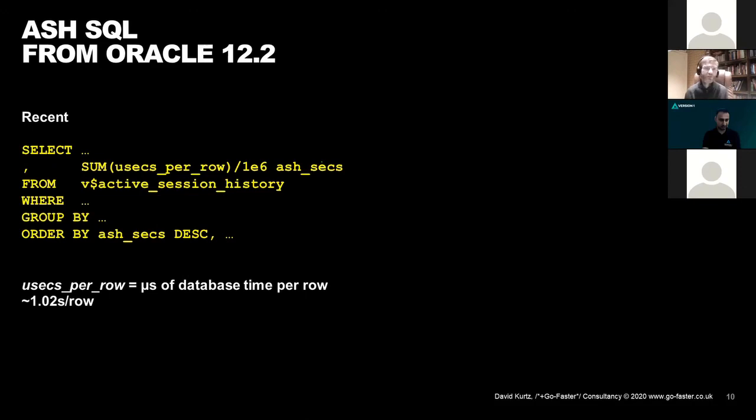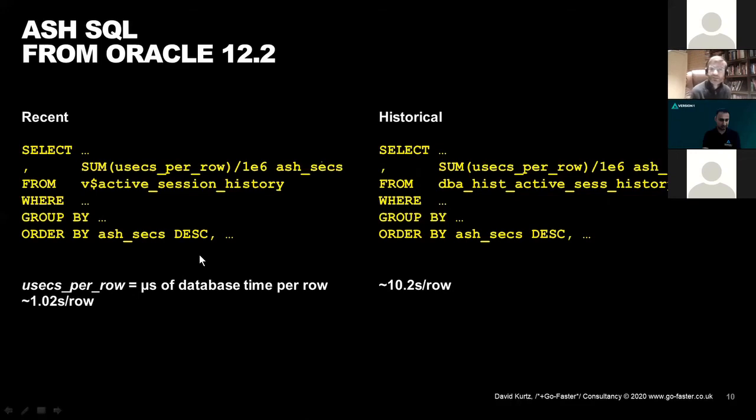What you actually find is it's about 1.02 seconds on average between samples. It drifts a little, it varies from row to row. But for all practical purposes, you can work with 1 and 10 seconds. And of course, if you went from DBA_HIST_ACTIVE_SESS_HISTORY, you'll get about 10 million microseconds between the rows. So your SQL now becomes identical depending on which one you query.